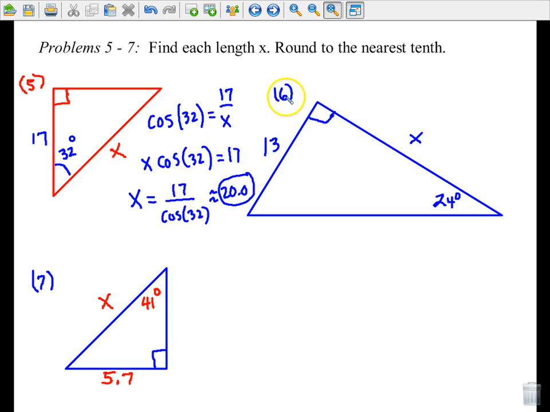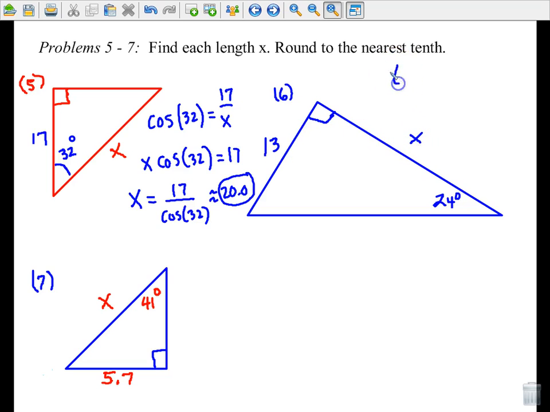Let's take a look at number 6. This time I've got this angle measured 24 degrees. I know the side opposite to that. I'm looking for the side adjacent to that. So let's think of the trig ratio that would provide me with opposite over adjacent.